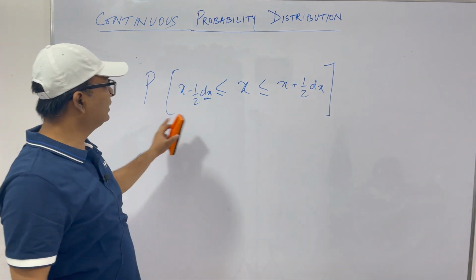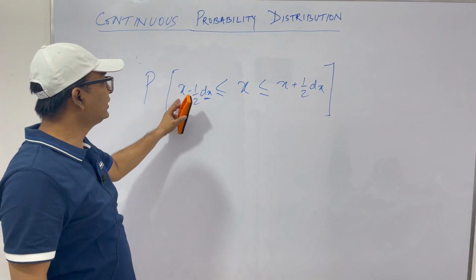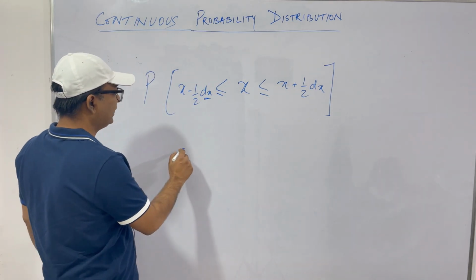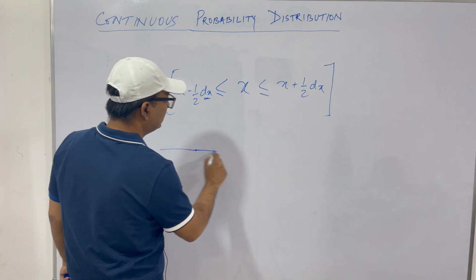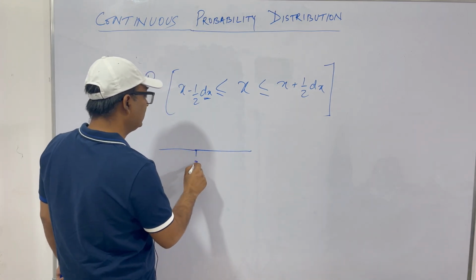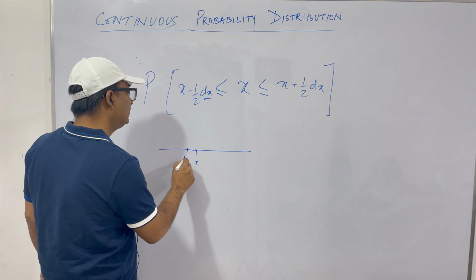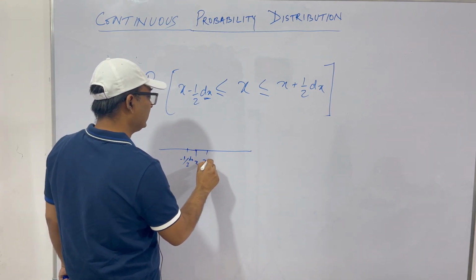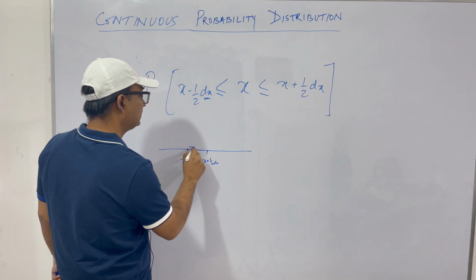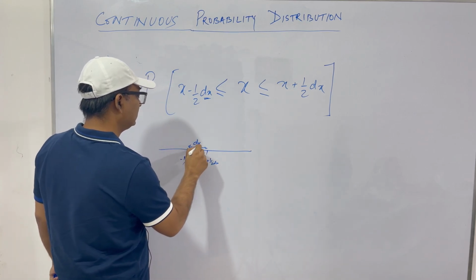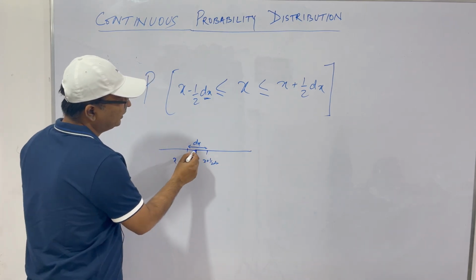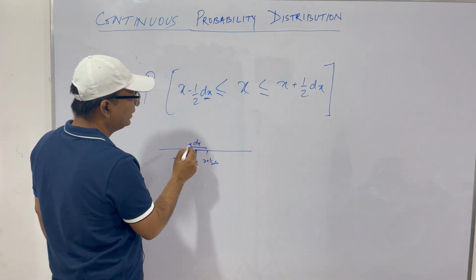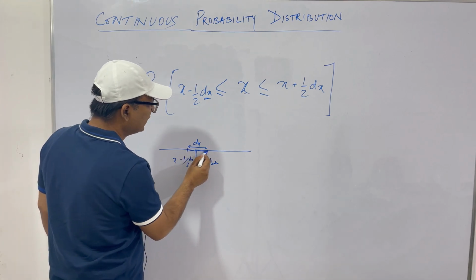So the probability distribution of the continuous variate is defined like this: x lying between x minus 1 by 2 of dx and x plus 1 by 2 of dx. That is, if x is this point on that continuum, we take it from x minus half dx to x plus half dx. This gap is dx. It is not discrete, so we cannot take x at this one point; we take a region.